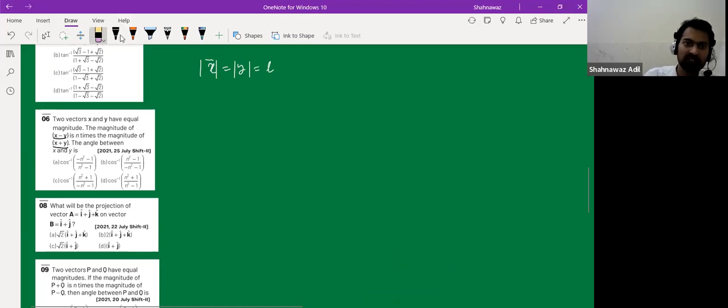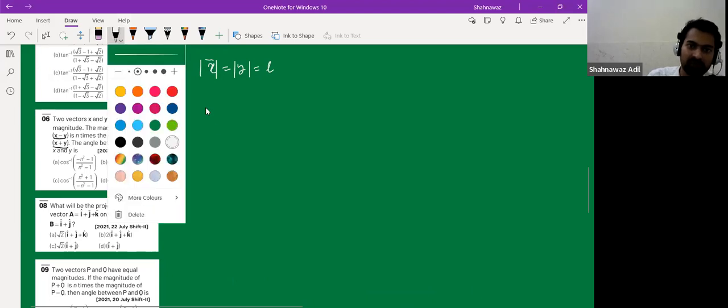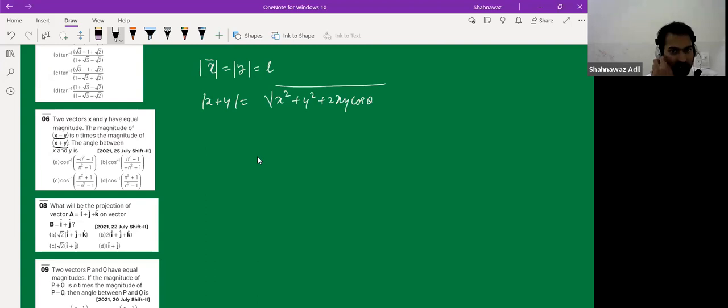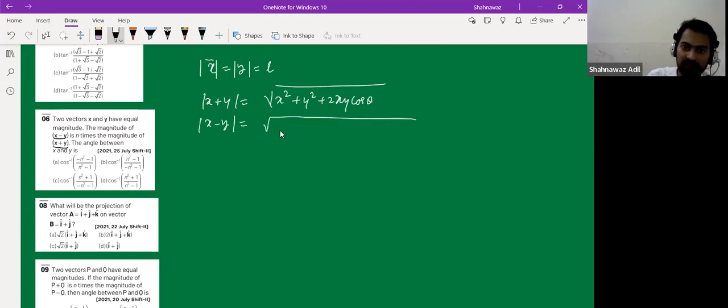For the addition, this is the magnitude: square root of x square plus y square plus 2xy cos theta, right? And for the subtraction, what is the magnitude? Square root of x square plus y square minus 2xy cos theta. Right.